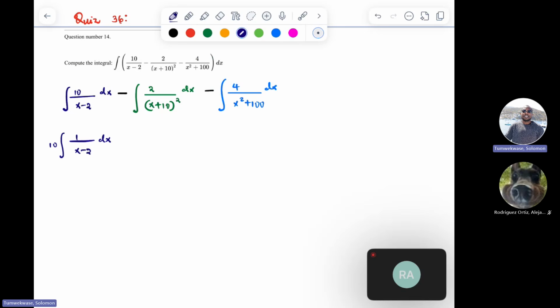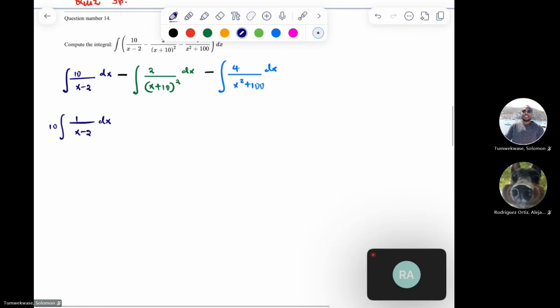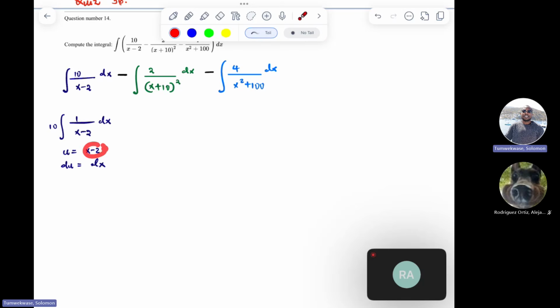Now, since I'm doing this from scratch, I'm going to let u be equal to x minus 2. So du is the same as dx, because when I differentiate x minus 2, I just get 1.